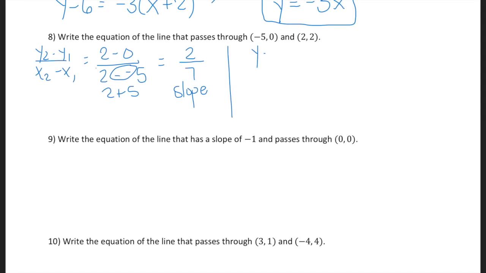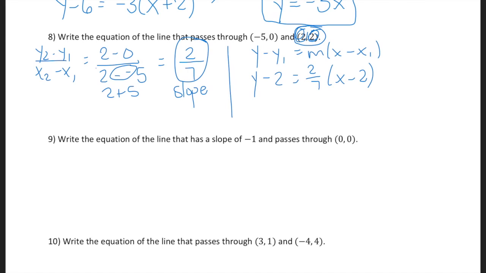Now, take the slope and go into the point slope formula. I'm going to use the point with the positives. All right, I put the 2's there because of the x and y values right here, and 2/7 because that's the slope.